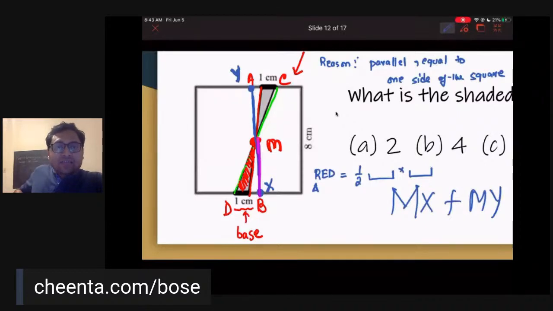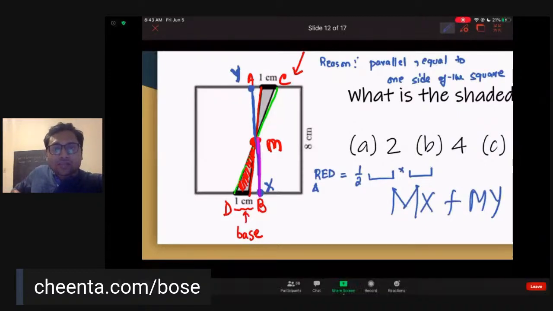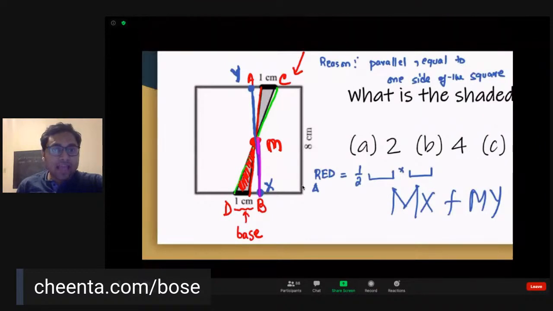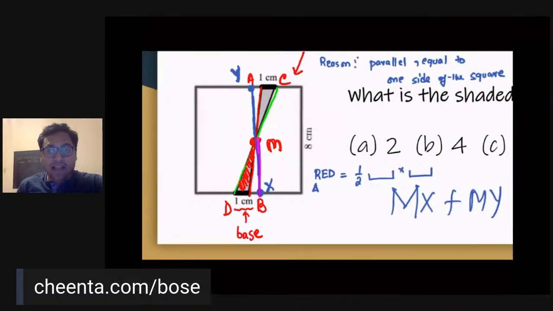Let me see if any of you are able to give that answer properly. You have to use MX. It's not a value. You cannot say it's 4 centimeter or anything. You have to give the answer using MX, MY, and stuff like that. Think about it. It's not a particular value.